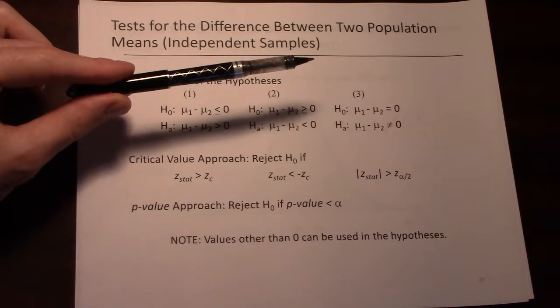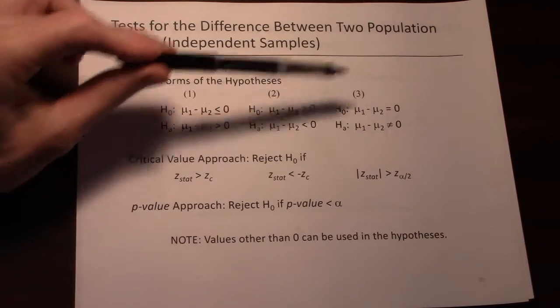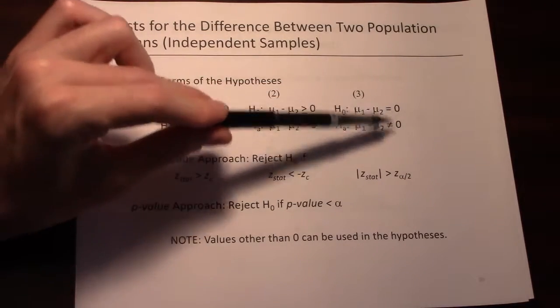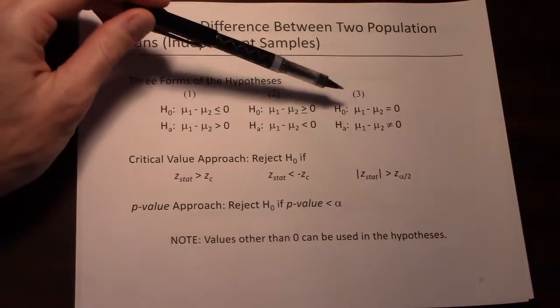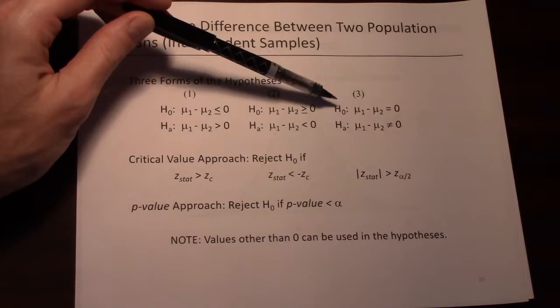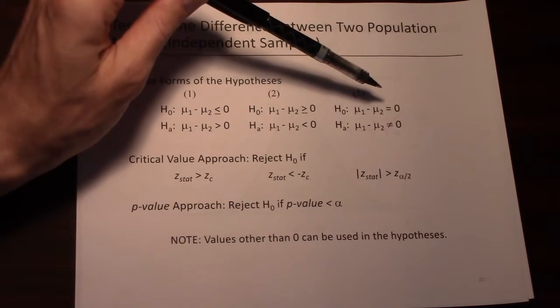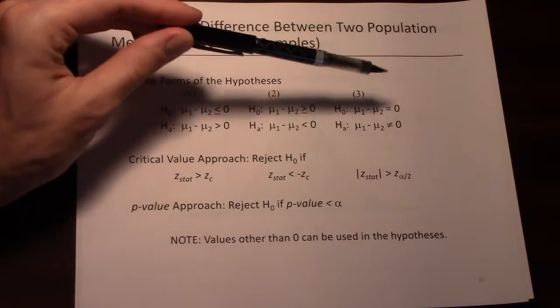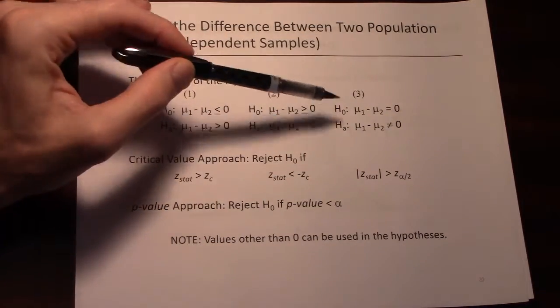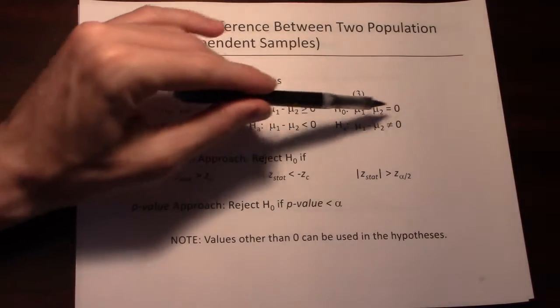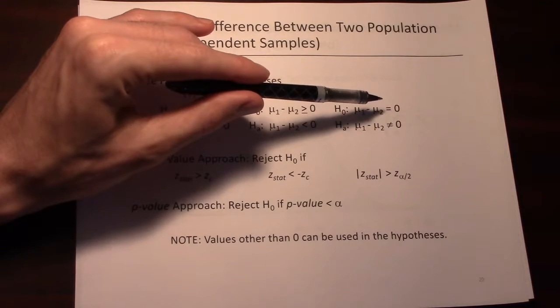Now, just a note, in this class we will always use 0, but just to put this in context for you, we could say the difference is 5 or the difference is 6,000. That could be our null hypothesis, that the difference between these two means is $15,000.